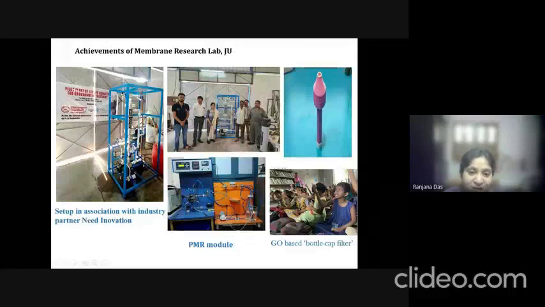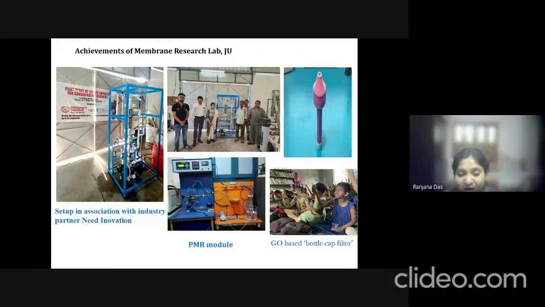With the ceramic membrane, we have prepared this unit. It is of capacity 100 LPH. It is basically for arsenic removal from the groundwater. We have designed this where the ceramic membrane is modified with the nanomaterial. And this module we have already used in some severely arsenic contaminated water areas.